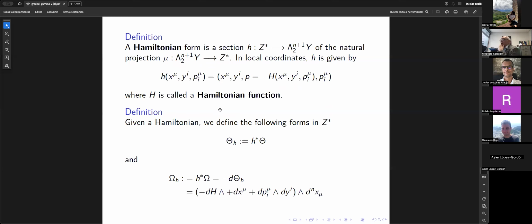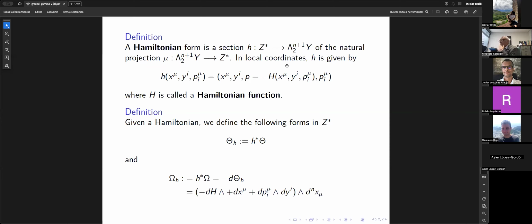Okay, so we can consider a Hamiltonian form. Hamiltonian form in this case is a section, because there is a projection of this bundle of forms into zeta star, because zeta star is the quotient. In local coordinates it is given in this way. I will denote by minus H this p, and because this is a section, p is a function of these coordinates, and this H is the Hamiltonian function.